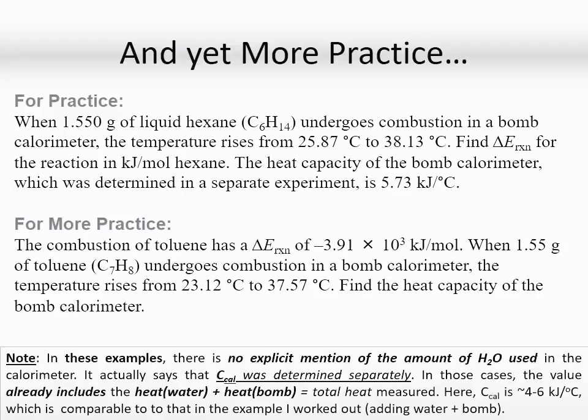And if you work out the numbers comparing with the example that I just solved, you will see that the heat capacity of the calorimeter system, the bomb plus the water, is in the order of 4 to 6 kilojoules per Celsius, which is on the same order of magnitude of the two heat capacities for the calorimeter system, bomb plus water, that you find in these two examples. So just practice and let me know if you have any questions.